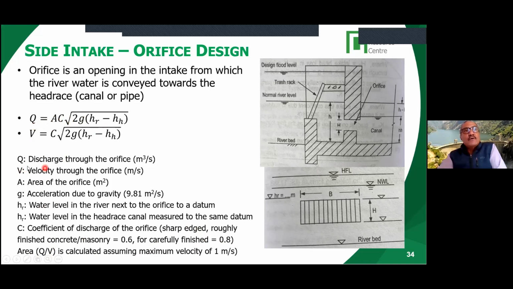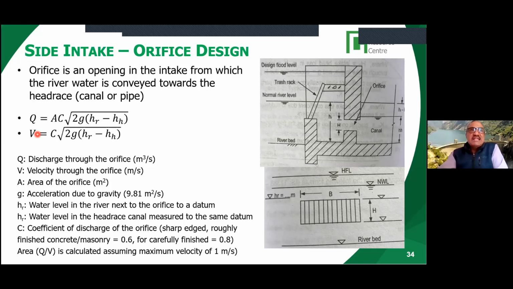So this is the reason why you have it. Once you know the discharge through the orifice, you will get how much discharge can pass through this orifice. Suppose, like for Majau, the design discharge was, let's say, 4.5 cubic meter per second, but now you want to give at least 10 or 20% more.